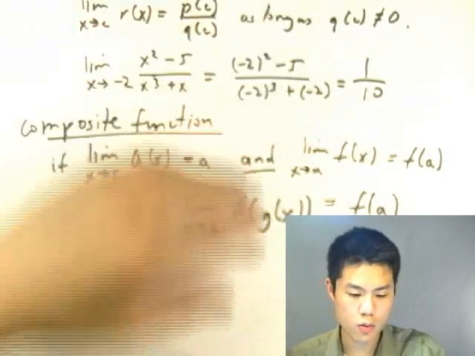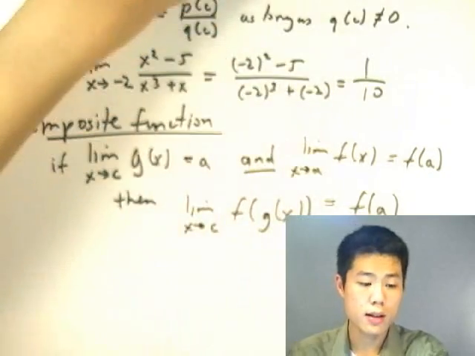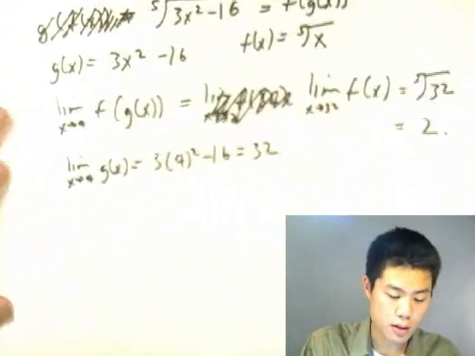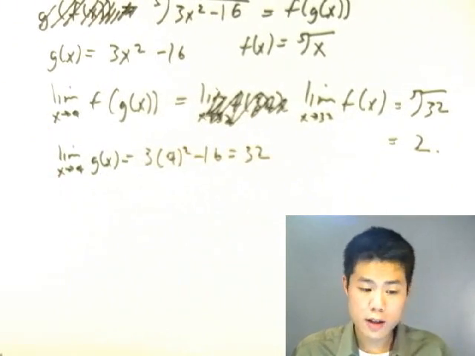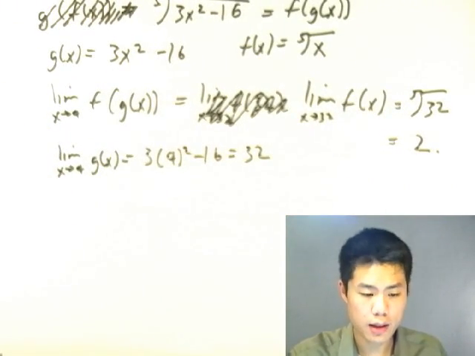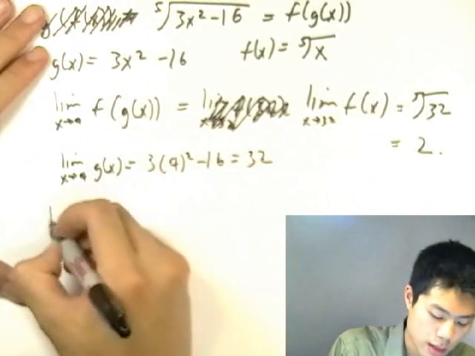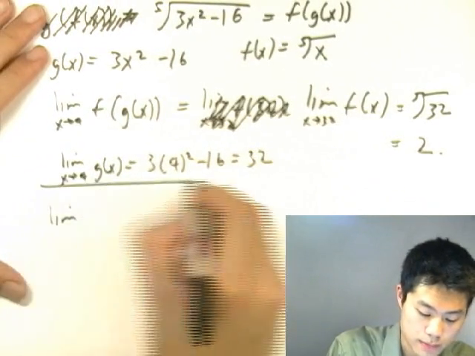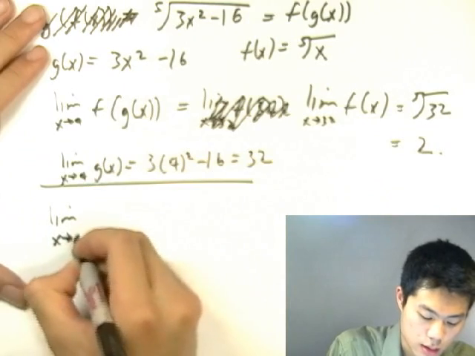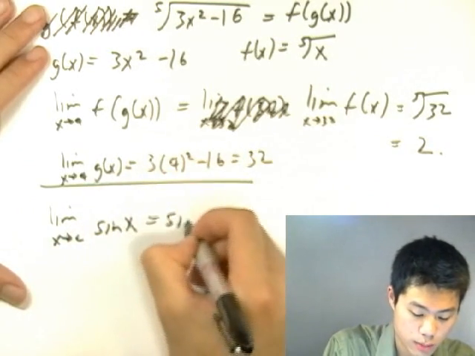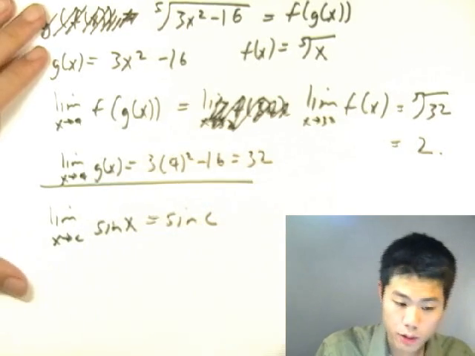Okay, that's that. Oh yeah, and one more quick thing. Running out of time here. All trig functions are kind in that we can directly substitute them in. What I mean by that is the limit of sine of x as x approaches c is going to simply equal sine of c. Same thing for cosine.